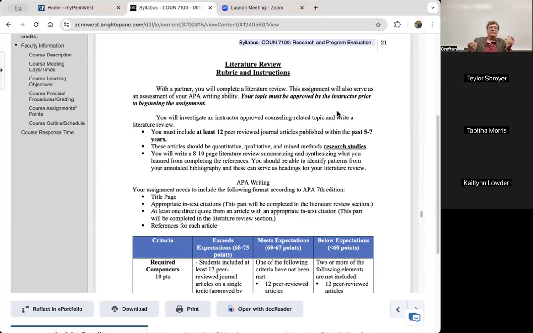Just 12 articles in APA format and alphabetical order, but not just any 12. Think about what you're going to need for the larger assignment. So you're going to research what the problem is.